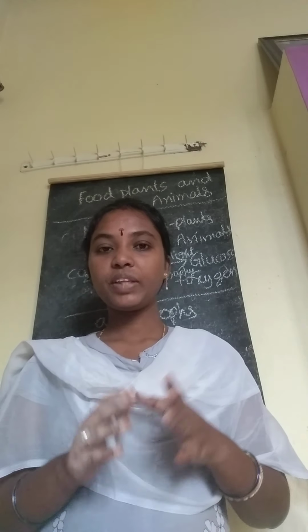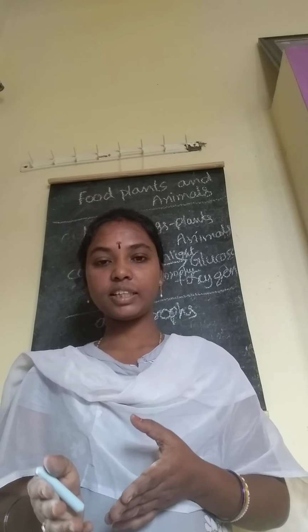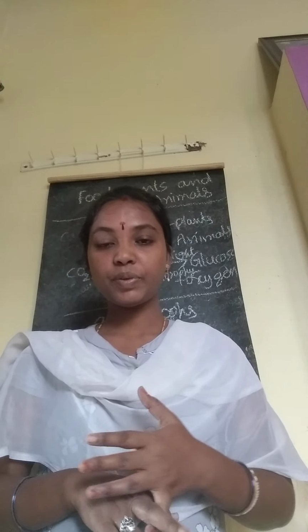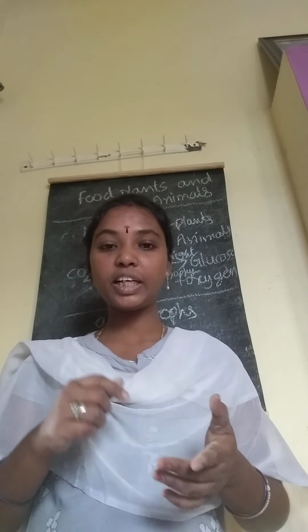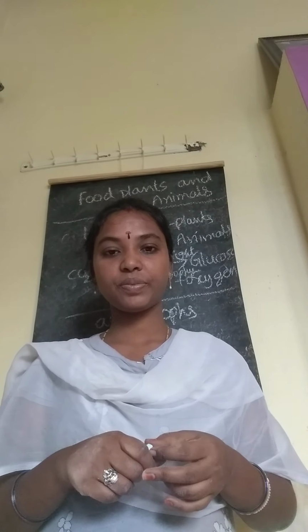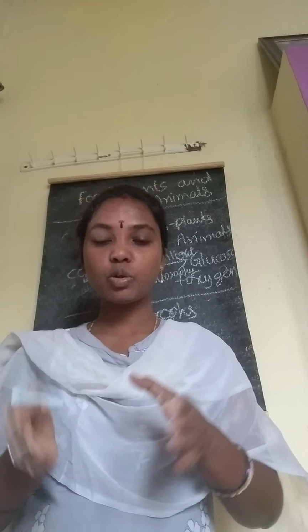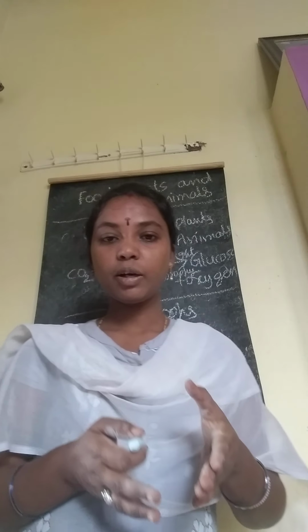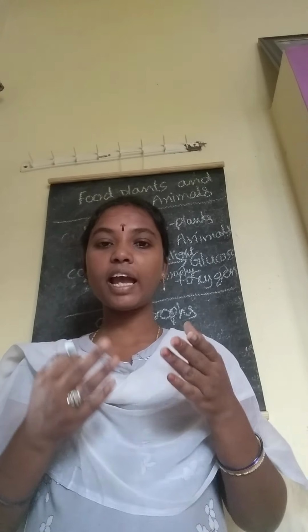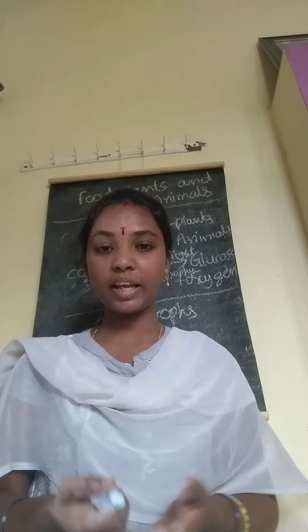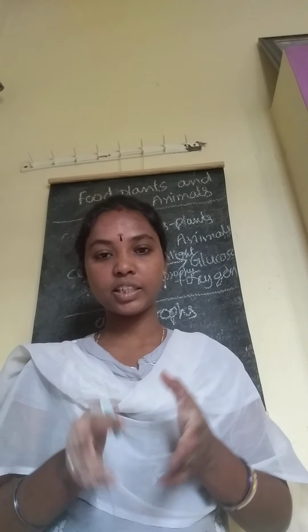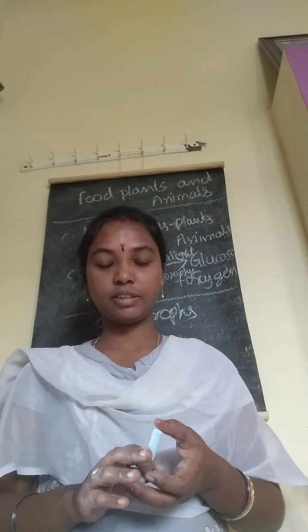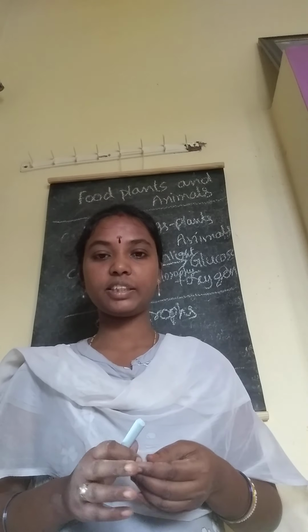So that's why farmers and gardeners add manures and fertilizers to improve the fertility of the soil. For soil fertility, they apply fertilizers to the plants, because plants also need nutrients.